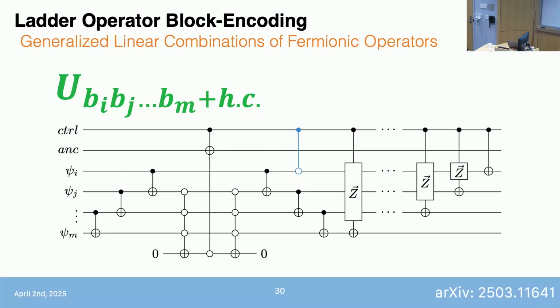So you can see that we only need three extra qubits. So you can imagine that the number of ladder operators we can get to is like 20, right? And it's pretty rare that in a physical system you're going to have a non-local operator of 20 modes. So this is pretty rigorously tested.